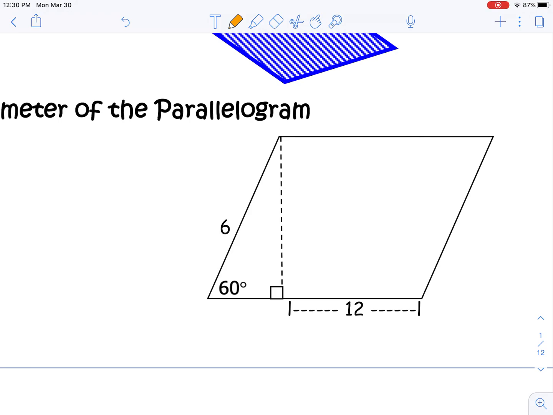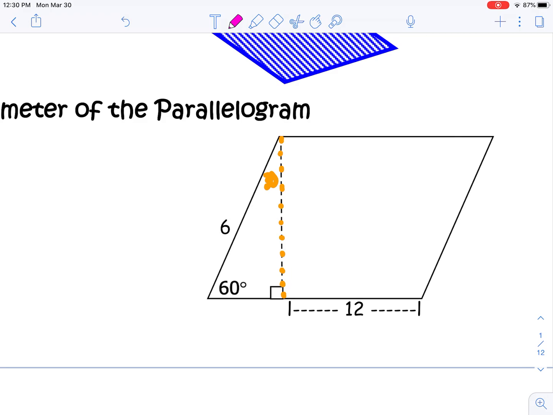Well, notice that by drawing in the height here, this particular mathematician has discovered that the space to the left of that height is a 30, 60, 90 triangle. And the advantage of that is of course, they can use their 30, 60, 90 rules in order to find unknown measurements that they need to find the area and perimeter.